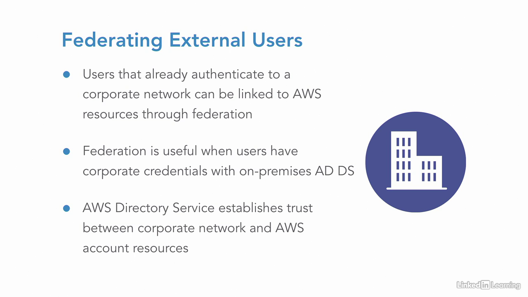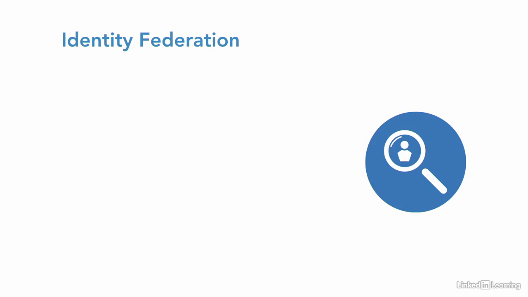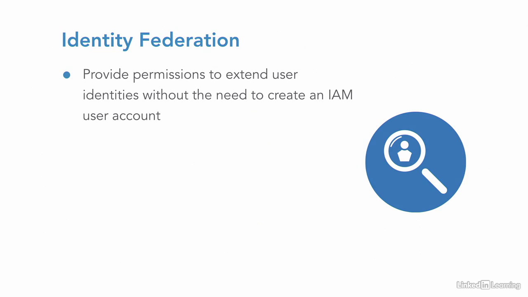So we have to have some way of synchronizing our on-prem corporate credential information with Active Directory stored at Amazon. So if I want to use resources at Amazon, I want this relationship, i.e. a federation, to prove my identity because I want to extend my user identity, access resources at AWS without having to create an IAM user account because I don't want to log on to Amazon as an administrator.